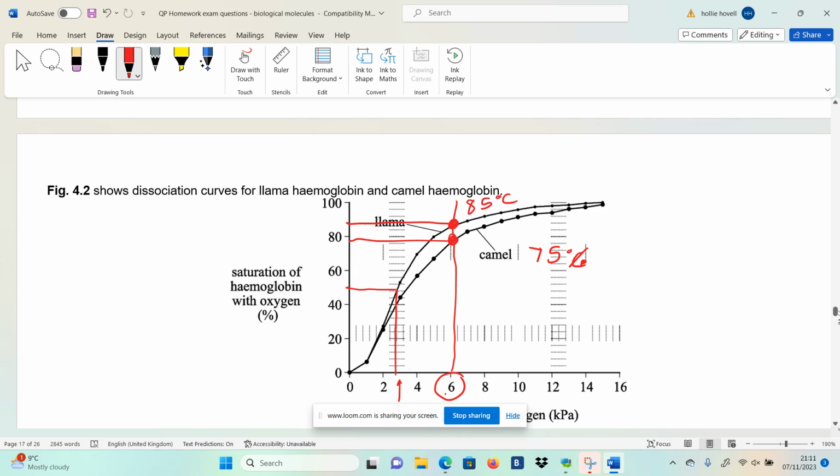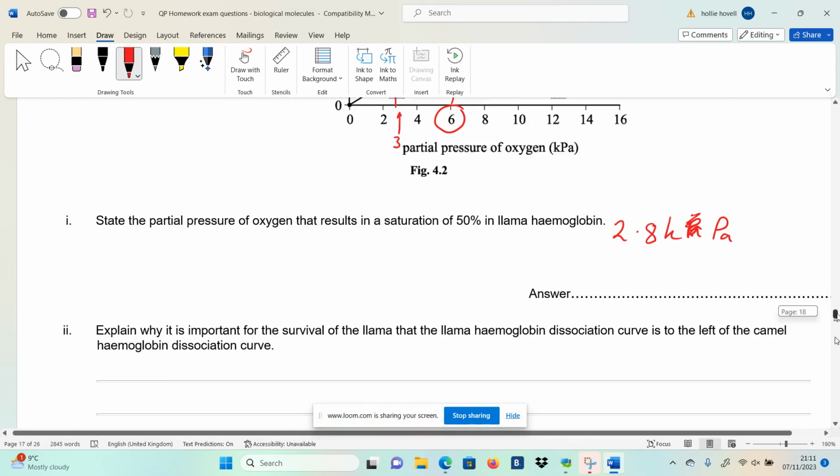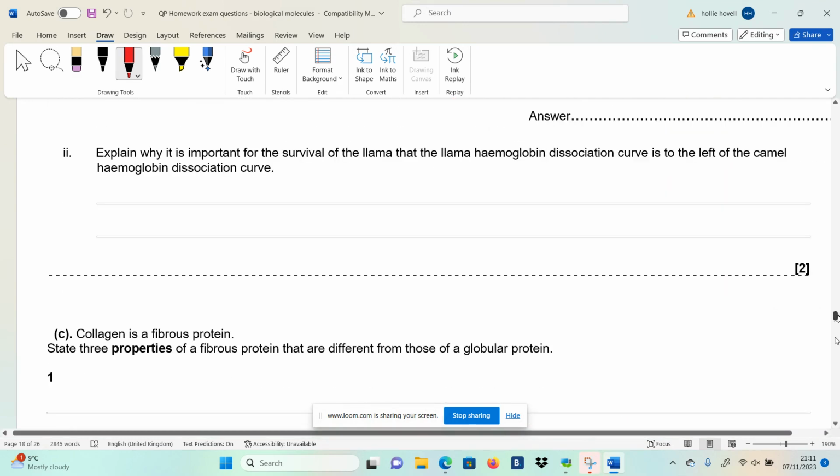But at any particular partial pressure of oxygen, the llama hemoglobin basically holds more oxygen. The word we use for that is it has a higher affinity for oxygen. And you'll learn to use that word when we come onto this part of the course, but it's really good to get ahead and have heard the words before we get there.